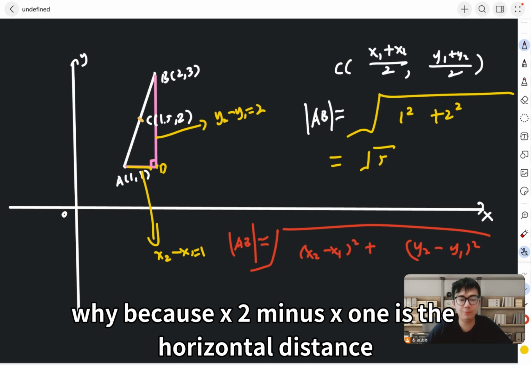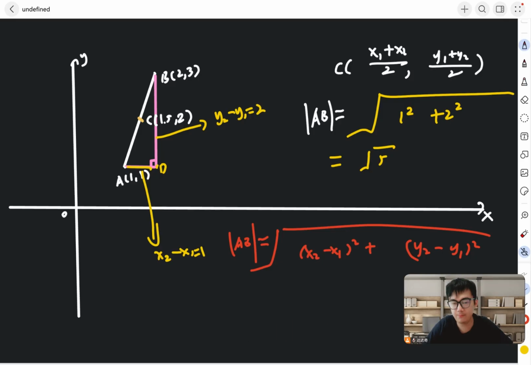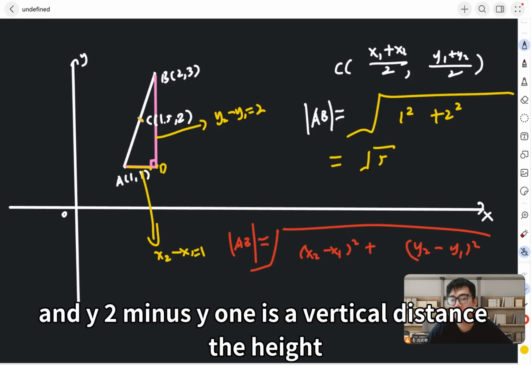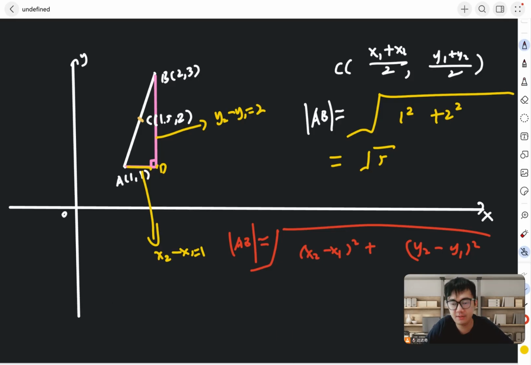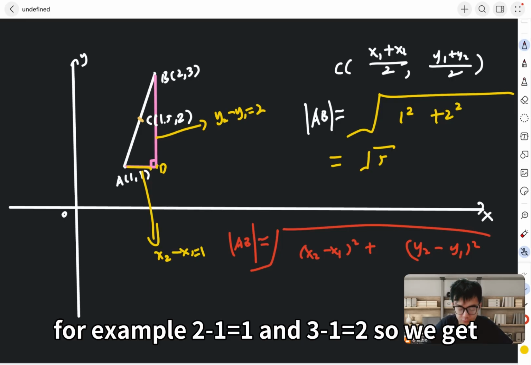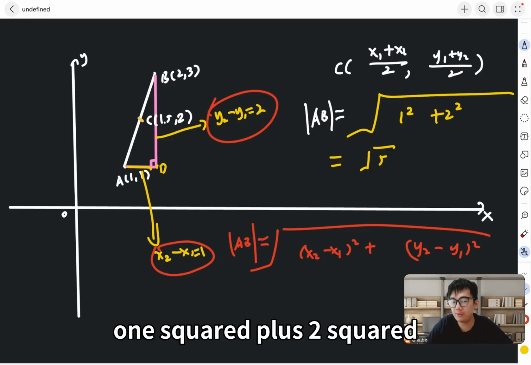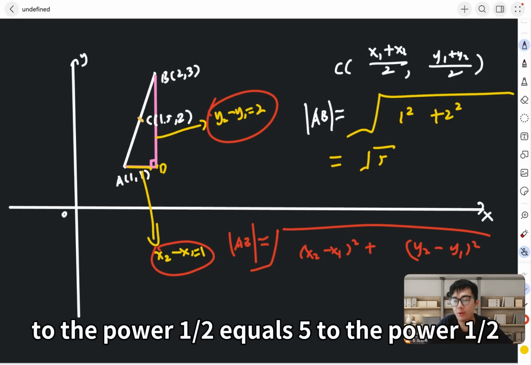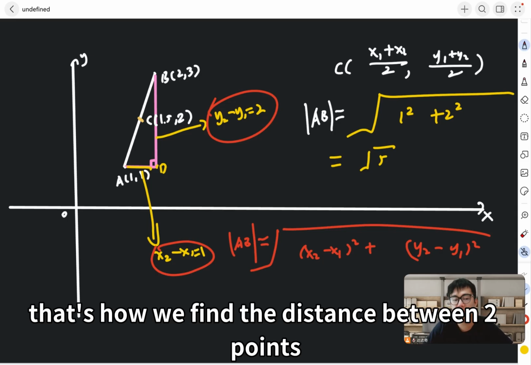Because x2 minus x1 is a horizontal distance, the base length, and y2 minus y1 is a vertical distance, the height. For example, 2 minus 1 is 1, and 3 minus 1 is 2. So we get (1 squared plus 2 squared) to the power of 1/2, equals 5 to the power of 1/2. That's how we find the distance between 2 points.